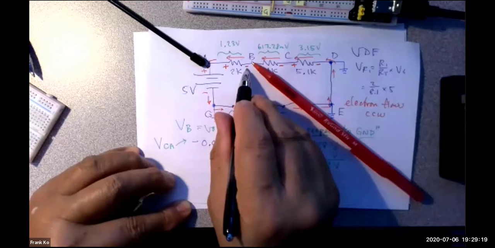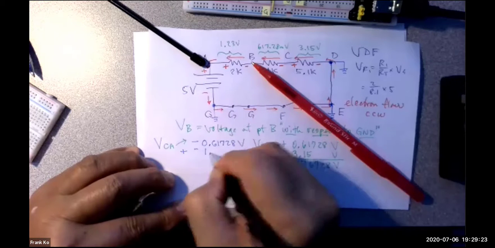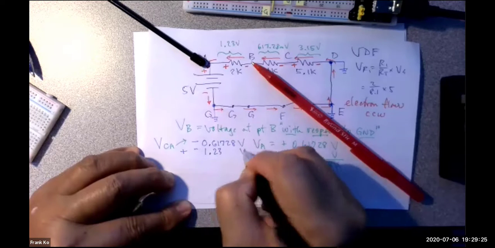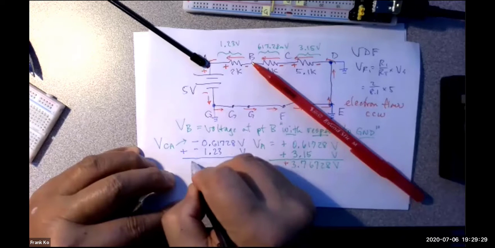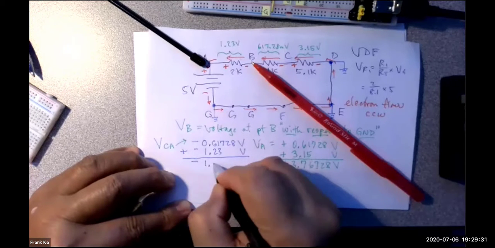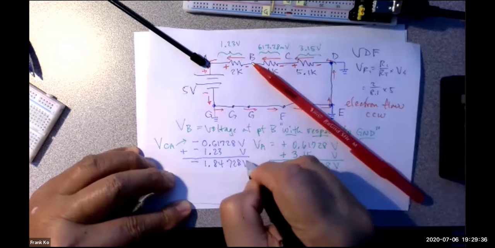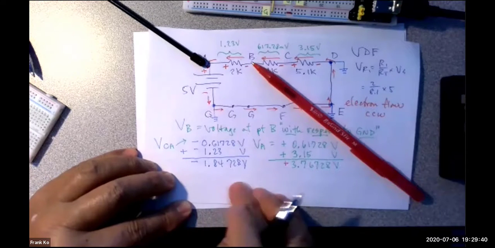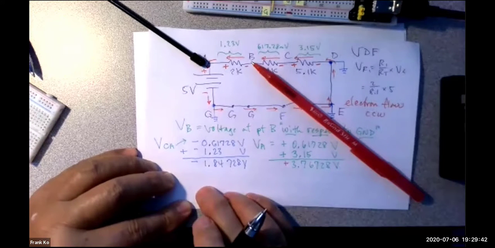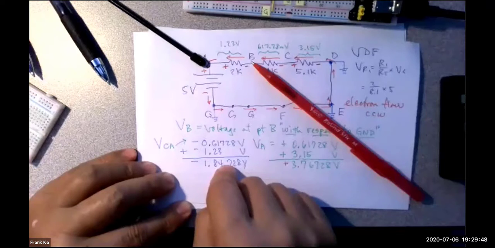We have a negative 1.23, so we're going to add that to a negative 617.28 millivolts. When we add those 2 together, we will end up with a negative 1.84728 volts. Is that correct? Is that our prediction? Does that seem reasonable mathematically? Yes, I get it.